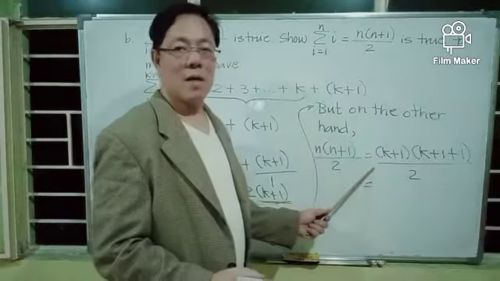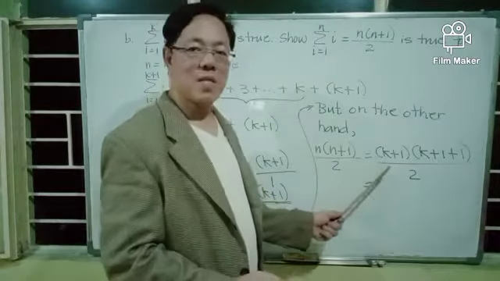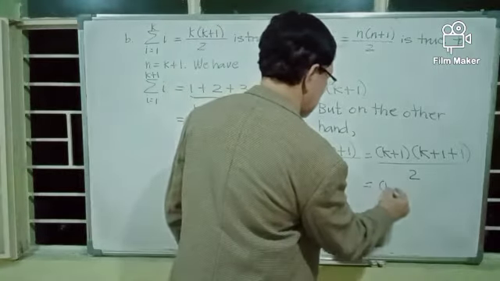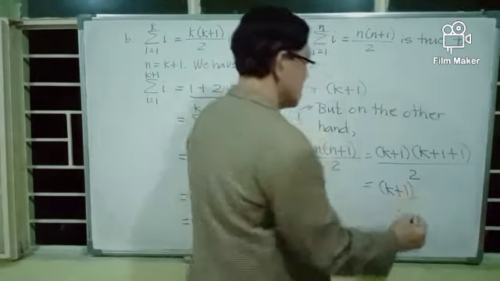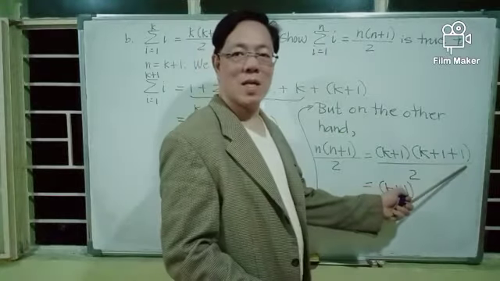We simplify the right-hand side. We have k plus 1, multiplied by k plus 1 plus 1, which is k plus 2.